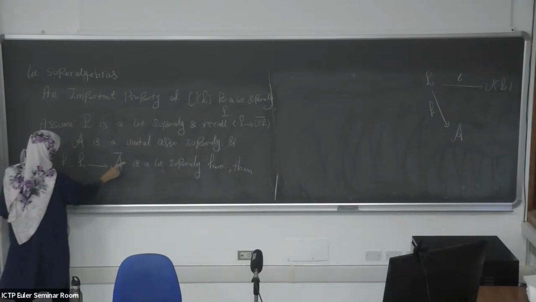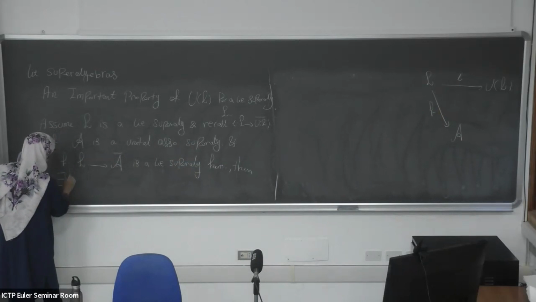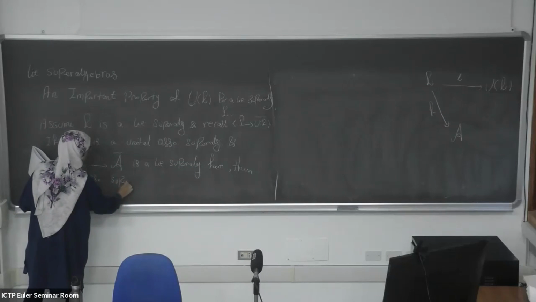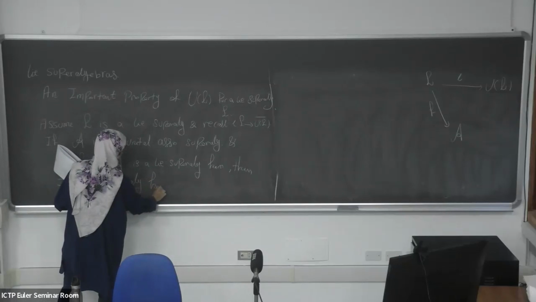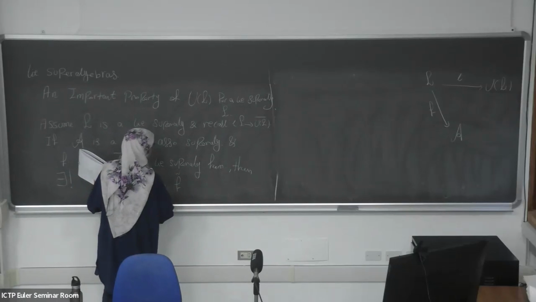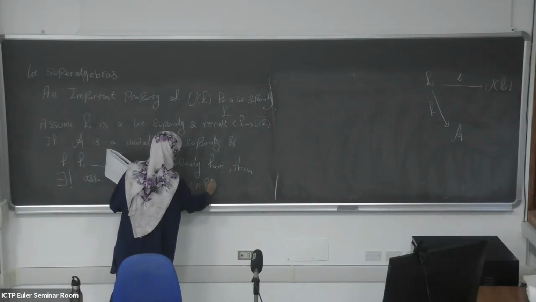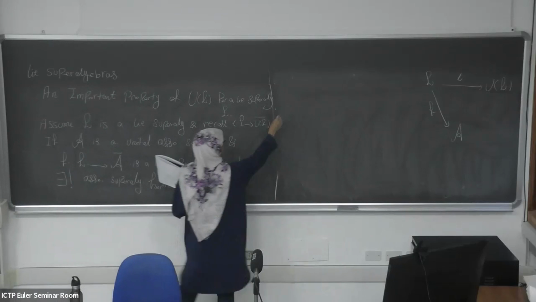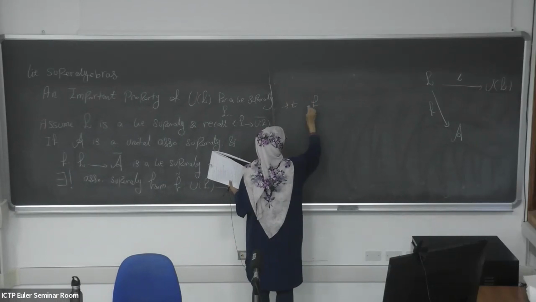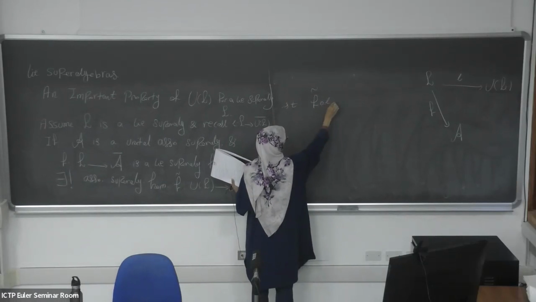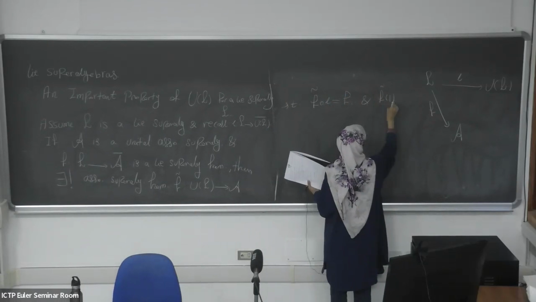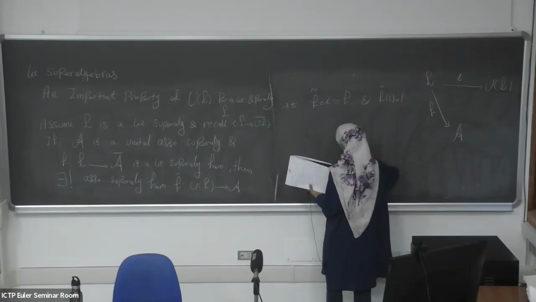And we get that there exists a unique associative superalgebra homomorphism F tilde from UL to A such that this diagram is commutative. It means that F tilde iota is F, and F tilde has this property that it maps 1 to 1.